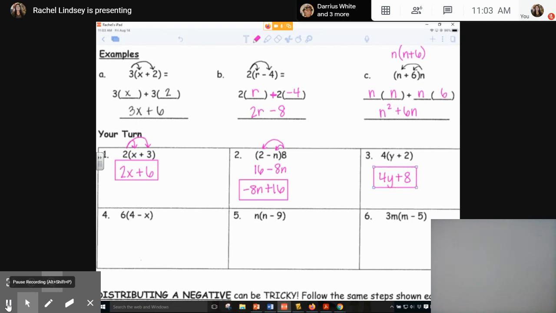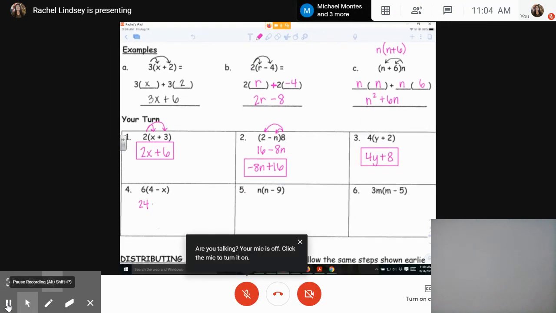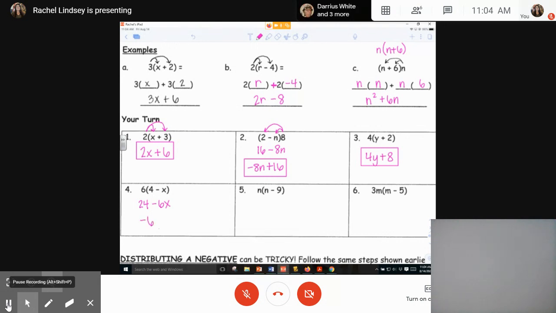And that's already in standard form, so you didn't have to do anything. Now, when you multiply through on number 4, you'd get 24 minus 6x, right? Is that in standard form? No. So what is it in standard form?